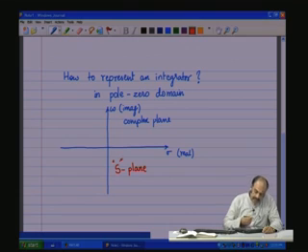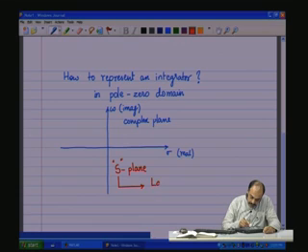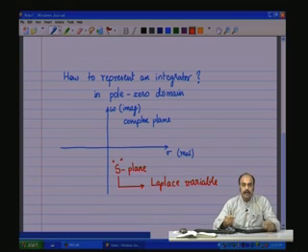Note this variable S. This variable S is the same as the Laplace variable in Laplace transforms.